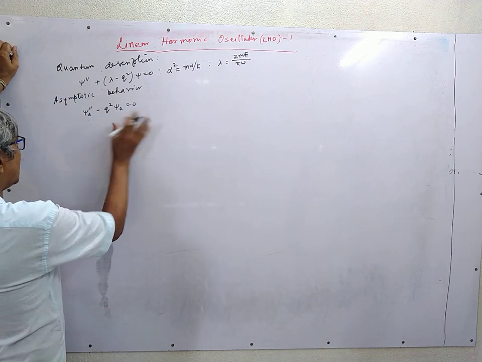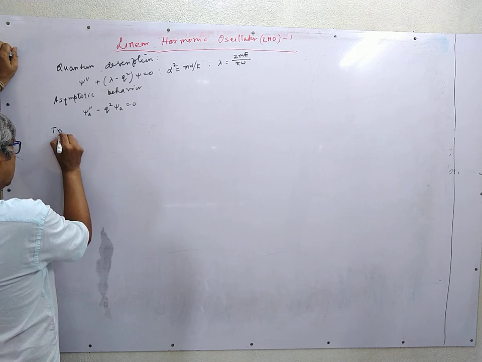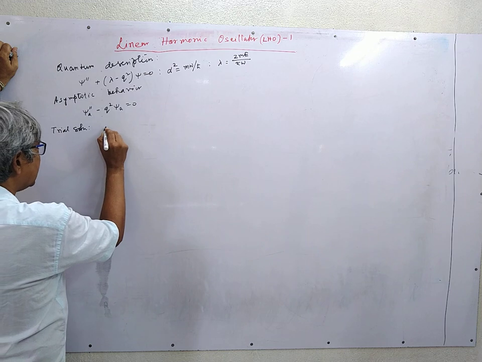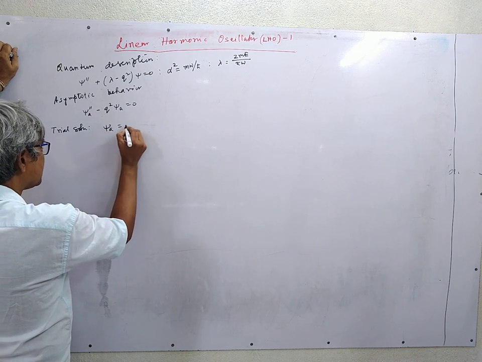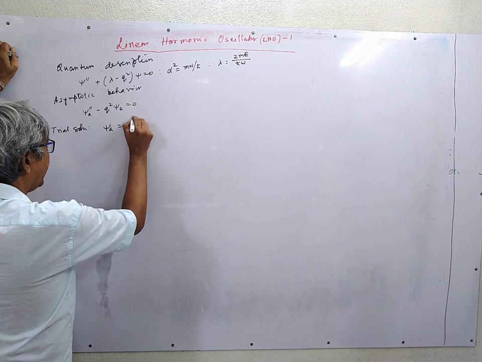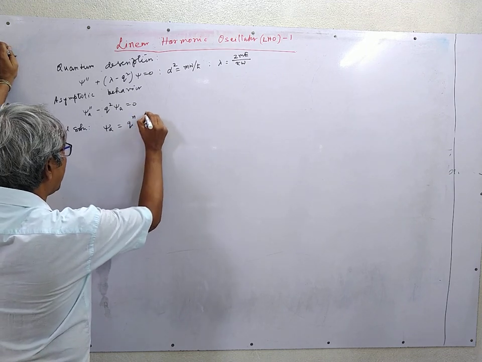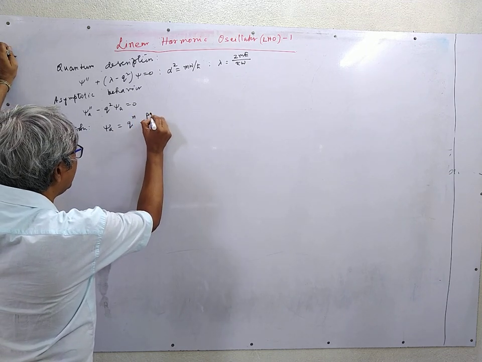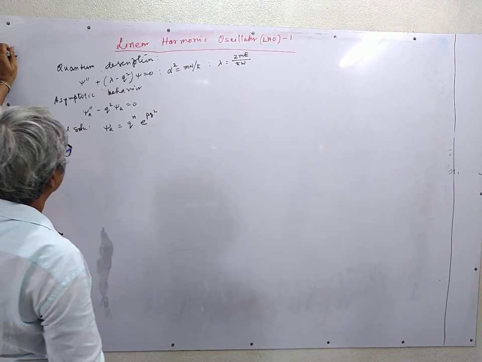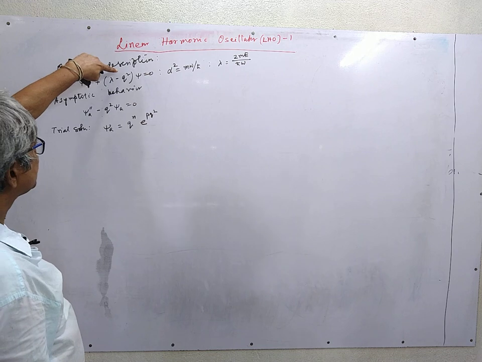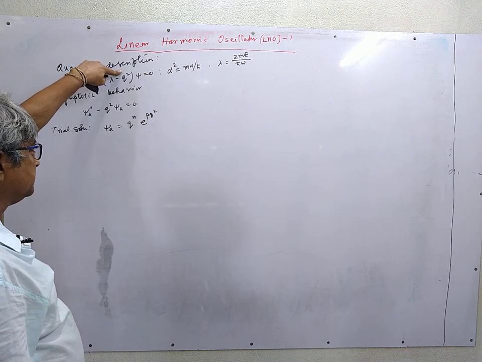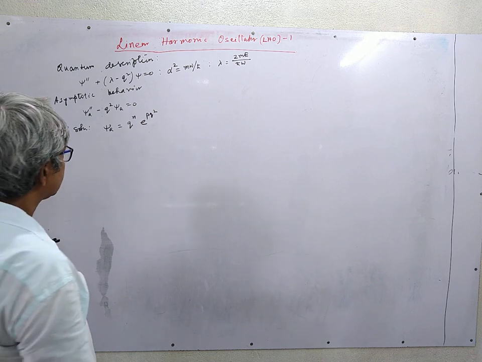We want a solution of the asymptotic equation. The trial solution we assume is psi of q equal to q to the power n e to the power beta q squared. The choice of q squared is due to the fact that the function must go to 0 at plus minus infinity.